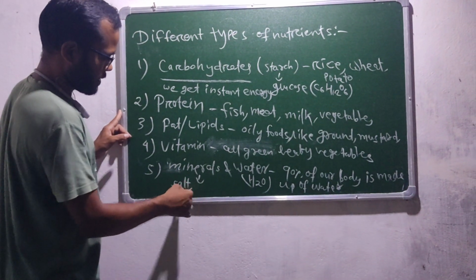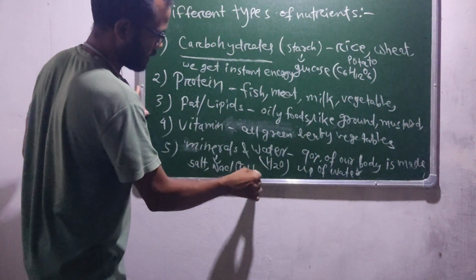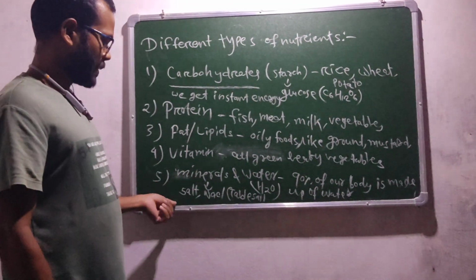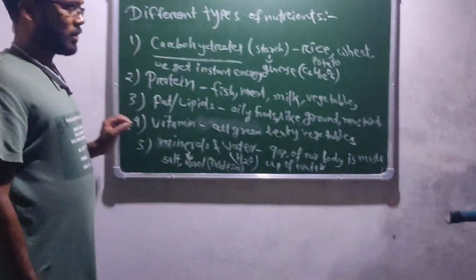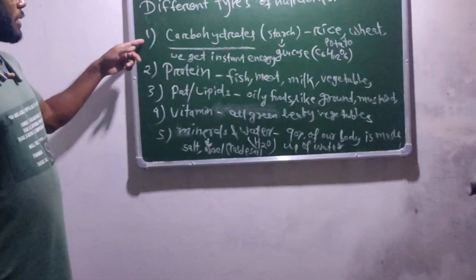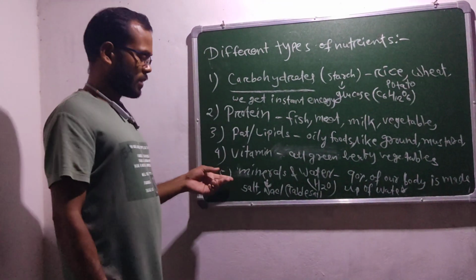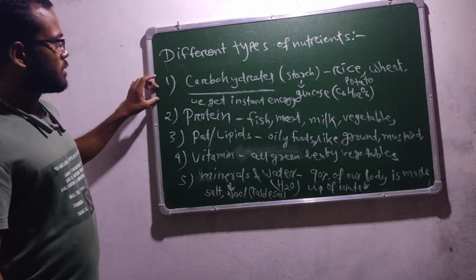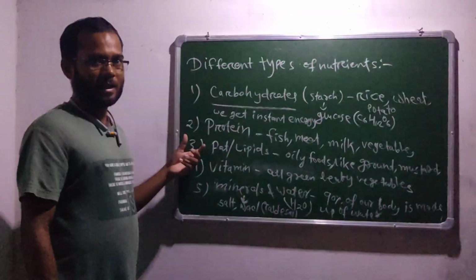From salts, NaCl, sodium chloride, which is known as table salt. Minerals also help in our body. Everything has some importance in our body. That's why we should eat all the foods from which we get nutrients in the required amount.